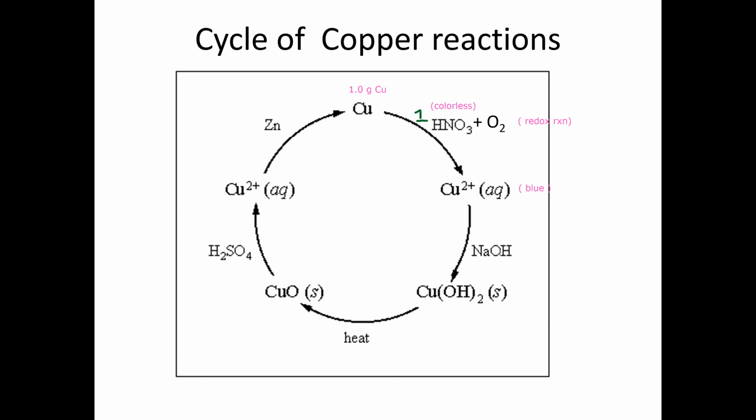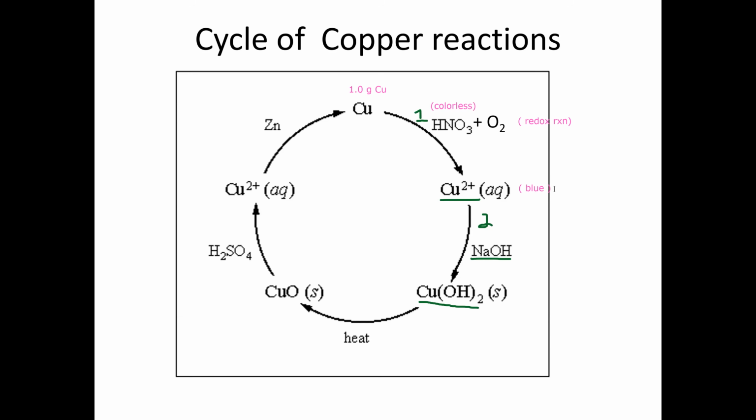In step 2, as we move through our cycle, you're going to take that solution of copper 2+ and react it with a solution of sodium hydroxide. And what's going to happen is the hydroxide will react with the copper 2+ and will precipitate out copper 2 hydroxide. And this is a solid, a gel-like blue solid.